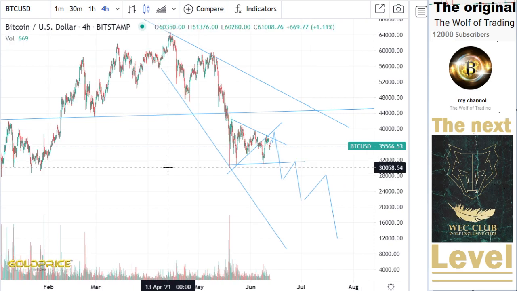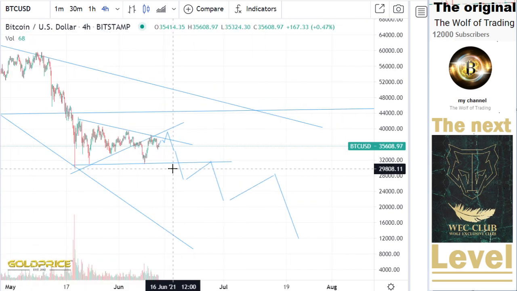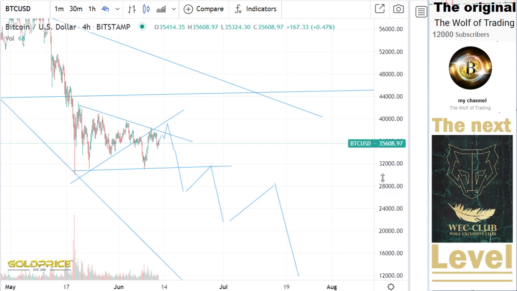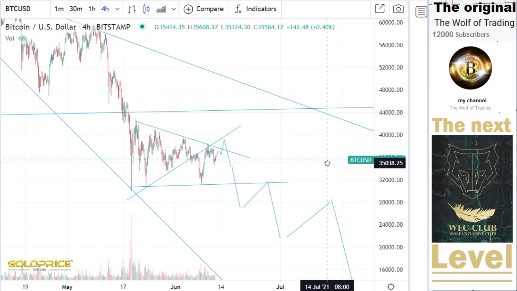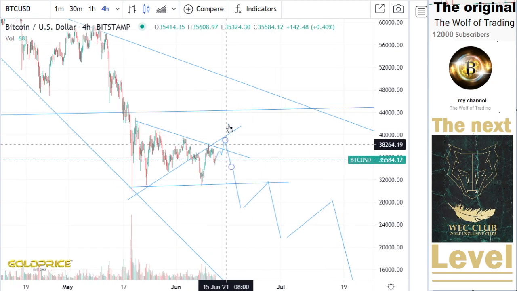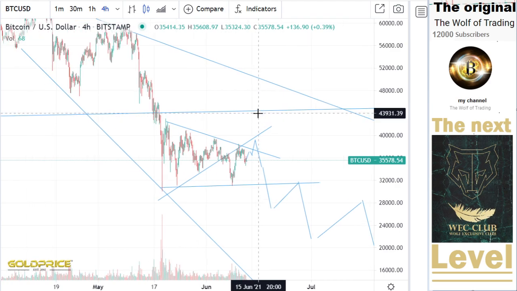So let me check. If you have the power to go to the top side, then this level is important for us. That is the last point in which we can go to the top side.